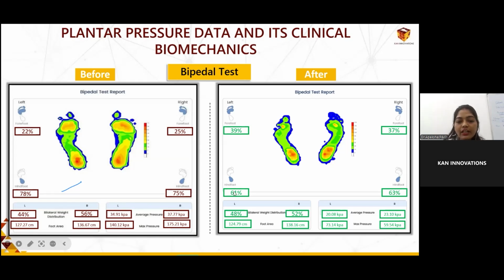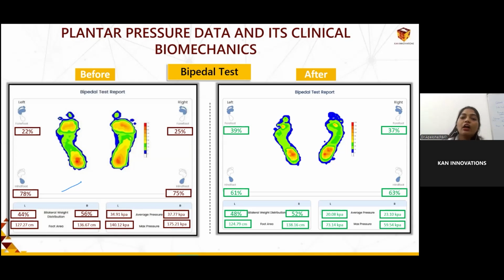On the left side, it is significantly changed. It's 61% on the hind foot and the forefoot is 39%, which is close to normal. Ideally, we should be bearing 60% on our hind foot and 40% on our forefoot. It's also changed on the right side. On the right side, the hind foot weight distribution is 63% and on the forefoot it is 37%. Again, close to normal.